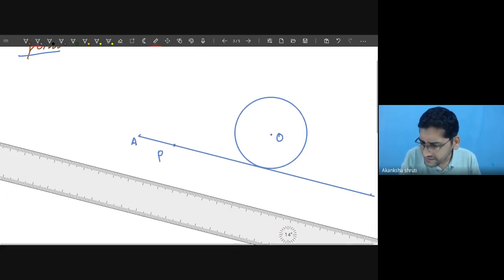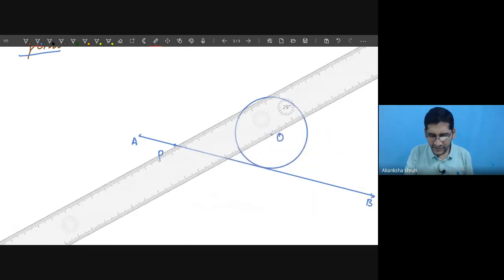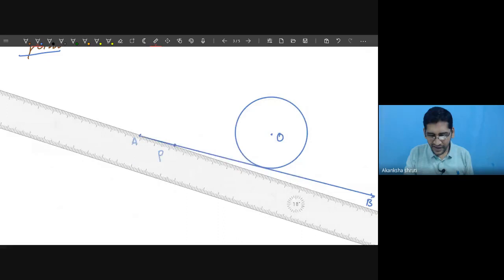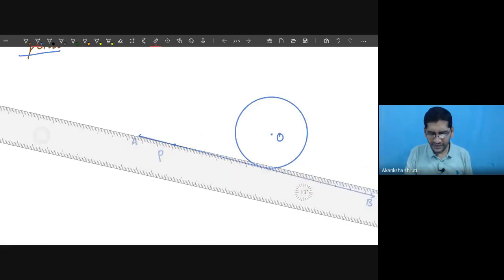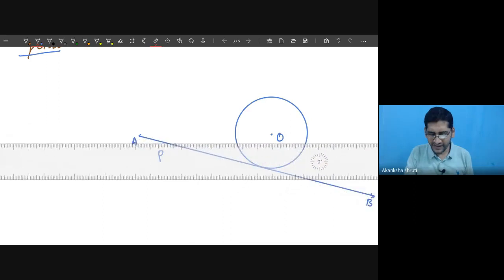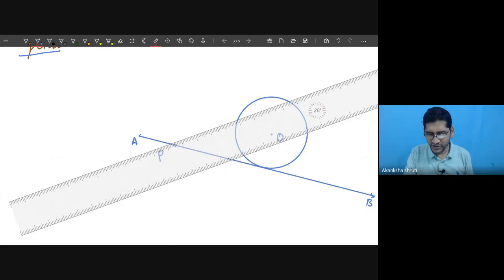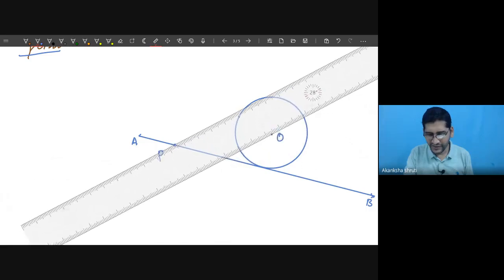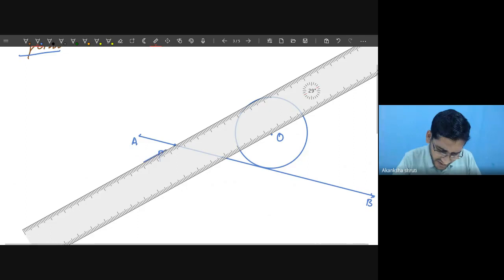This is the line. Now, keeping this point P fixed, I want to draw the other tangent. Can I get it? Surely we can get it on the other side. Are you getting this? This is the other line.